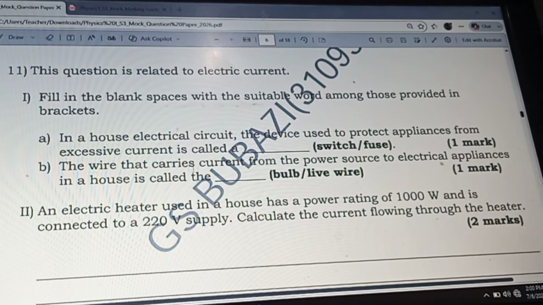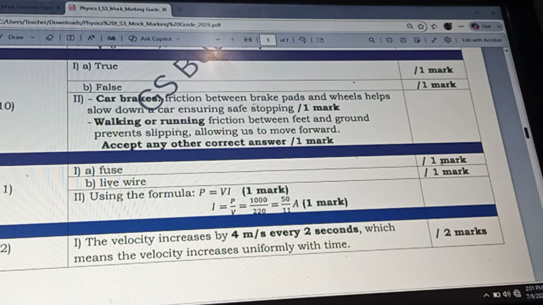The wire that carries current from a power source to the electrical appliance in the house is blank. The term we put here is drive wire. You see in the marking guide, fuse and drive wire.